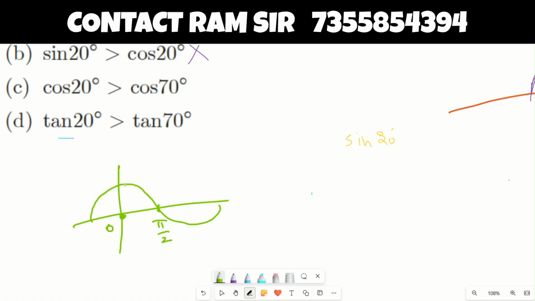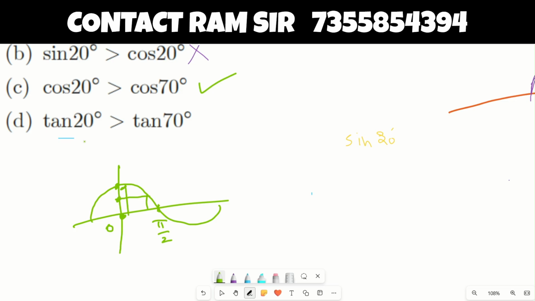Firstly, I check cos 20 lies between here to here, so its value is higher, but when it goes to 70 degree, which is close to pi by 2, then I notice that its value is decreased because it is a decreasing function. So it means it is true, because cos 20 value is higher than cos 70 degree, so this will be true.